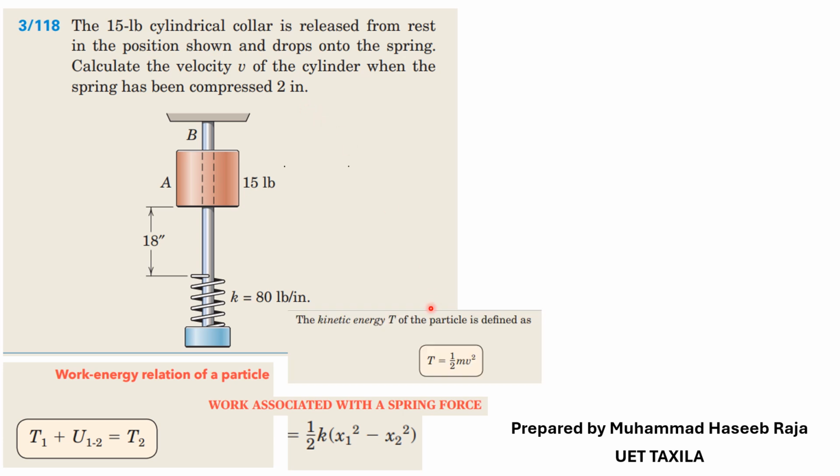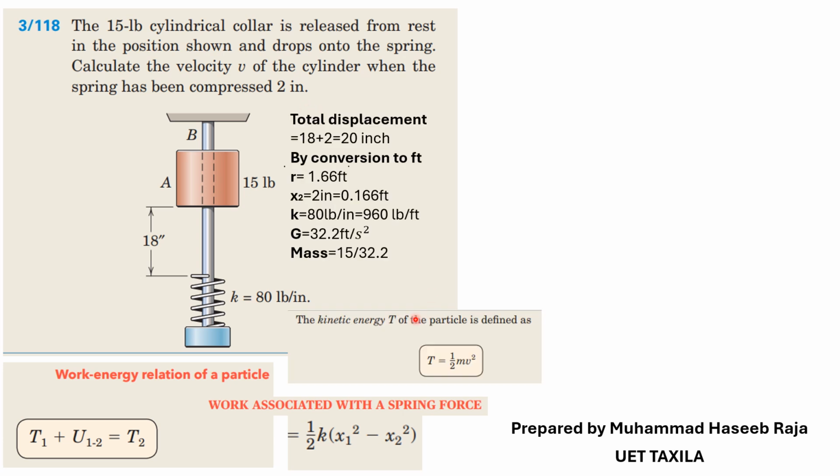Let us go to the equation and find the data. So our data is total displacement, which we get as 18 inch, and when the spring is compressed 2 inch, we add both and get 20 inch. In this question, gravity is given as 32.2 foot per second square.